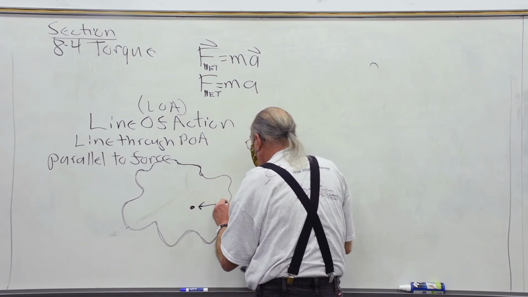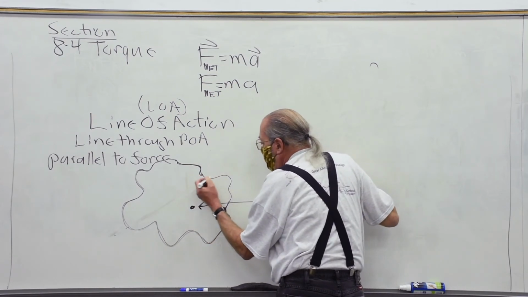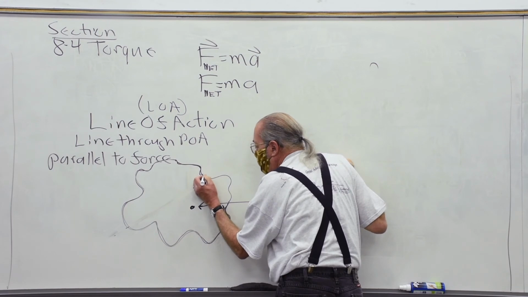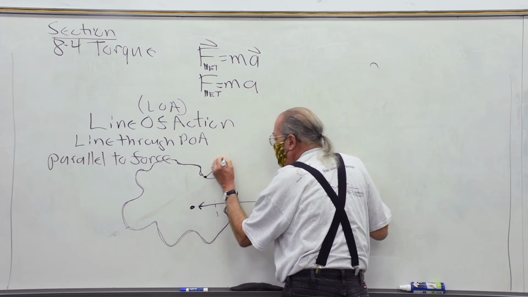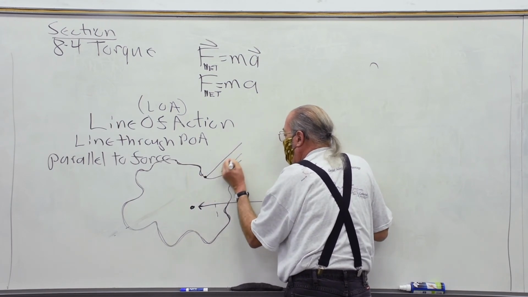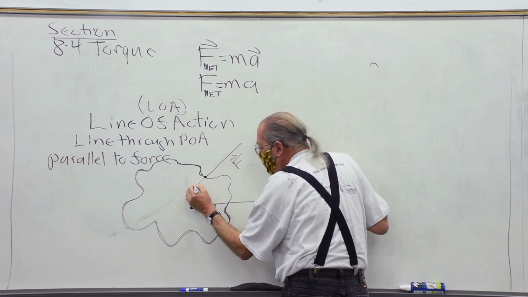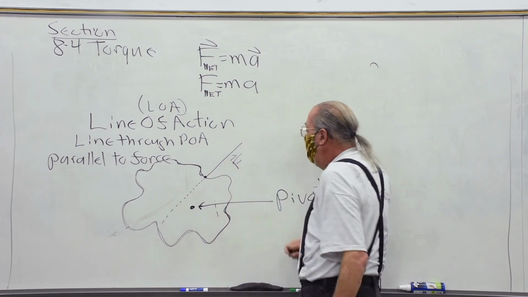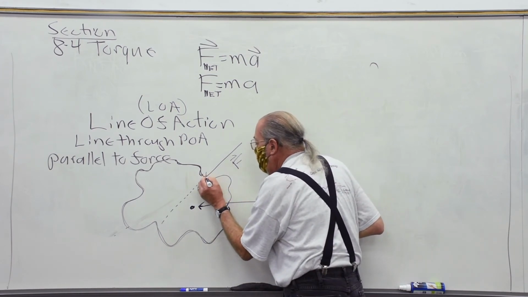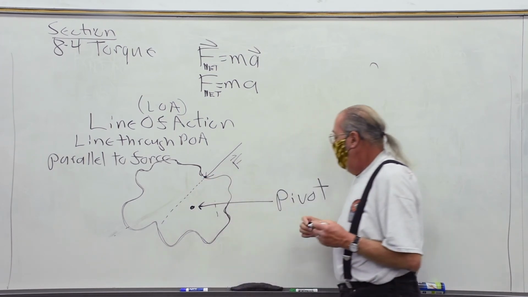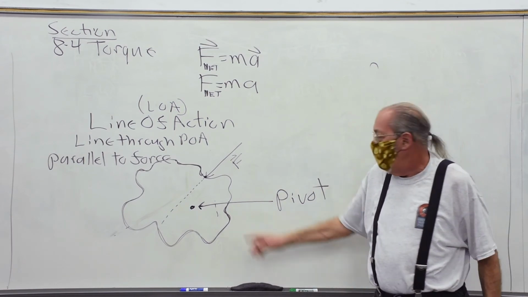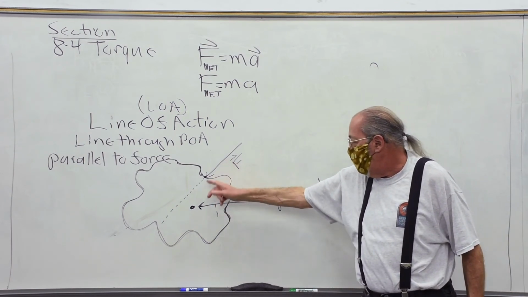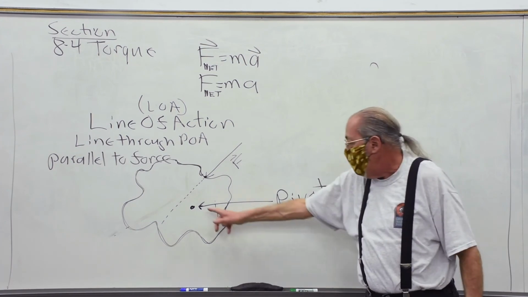So read this section. If we apply a force, I'll apply it here. And this is the line of action. And here's the pivot. By the way, since I'm on this, would the torque change if I left the force and direction it's applied exactly the same, but I move the pivot?